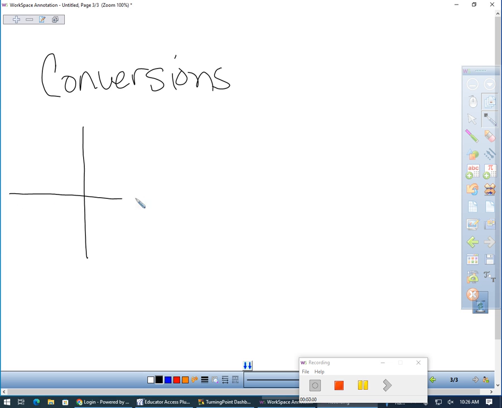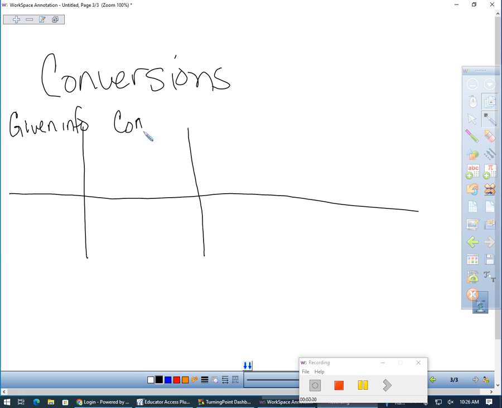We're going to draw a line. It doesn't really look like a ladder, but this is how it kind of starts. Do a line. The first section right here is our given information. The next section is where we're going to put our conversion factor. Now, sometimes you need more than one conversion factor, which means you would have to do another conversion factor.